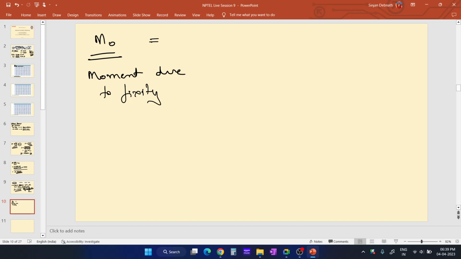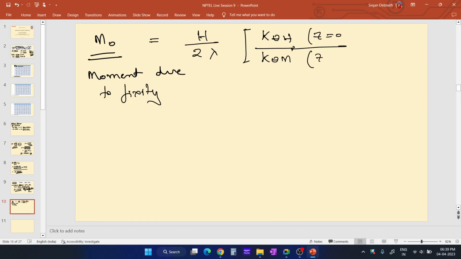So m0 is how much? It is given by h by 2 lambda, k theta h by k theta m at z equal to 0. This one is also at z equal to 0.